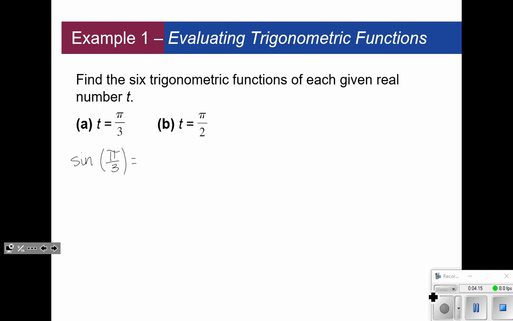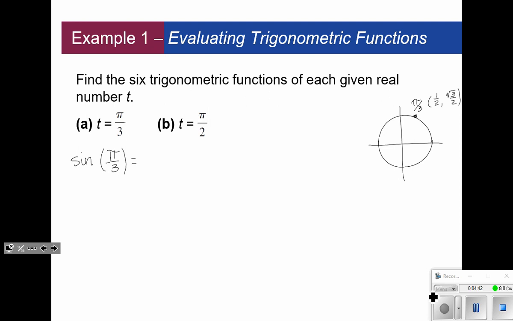Sine is y. So if you look on your unit circle chart, I'll just put in a couple of them. Okay, this would be like pi over 3, right? What's the ordered pair for pi over 3? Okay, that's the ordered pair for pi over 3. So sine of pi over 3, sine is your y.